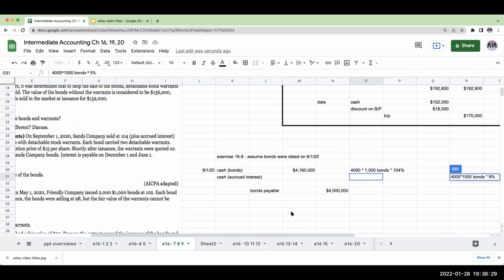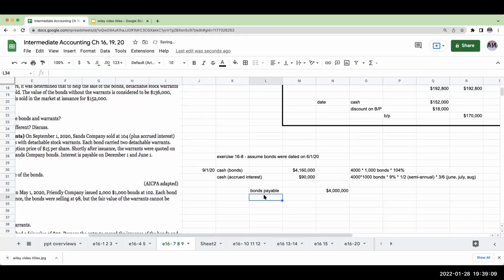So this is going to be times 9% times 1/2 for semi-annual. And then we're going to be multiplying that value by 3/6, or June, July, August. I'm dividing it by 6 because it's semi-annual. So this is the semi-annual interest payment, and then it's for half of those months. So this is going to be 4,000 times 1,000 times 9% times half times another half, and we're going to get a total of 90,000.